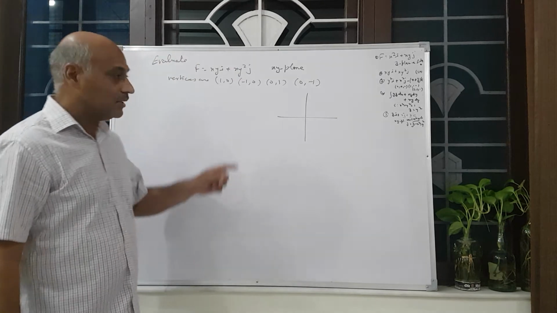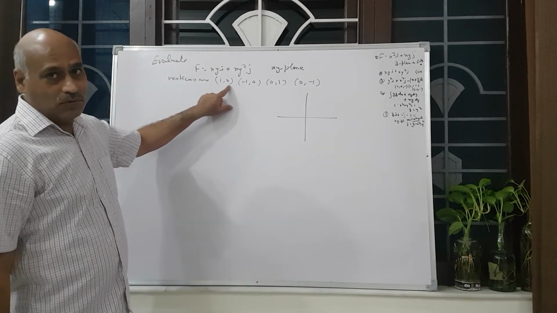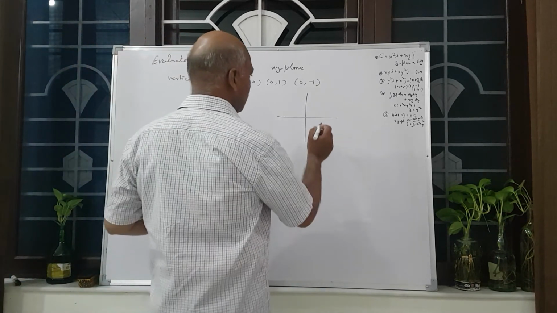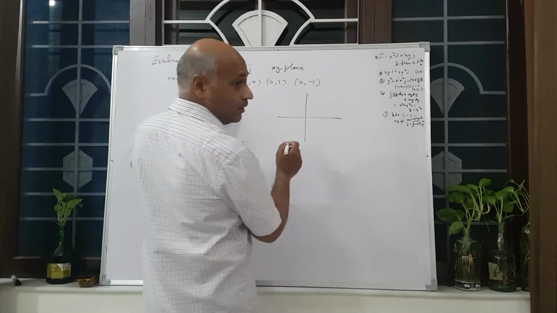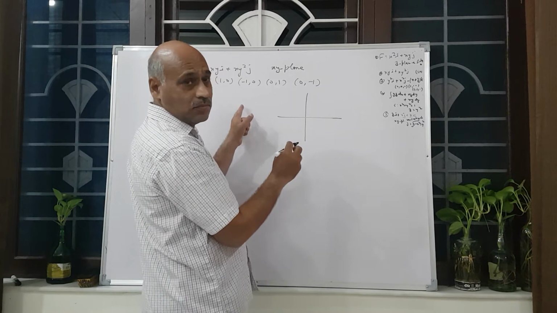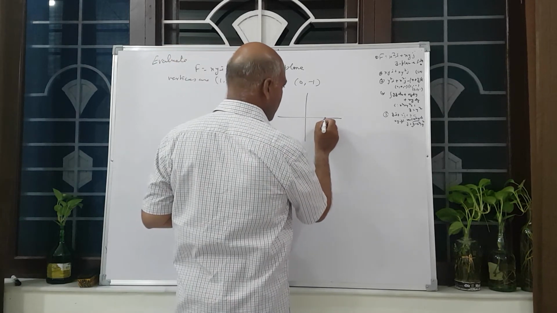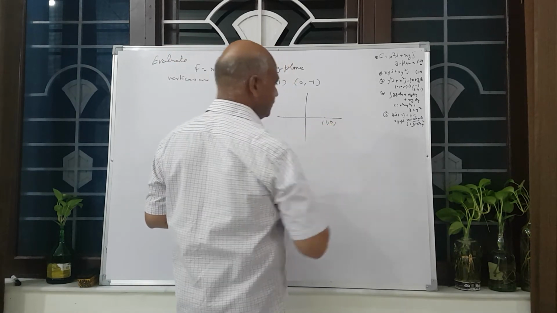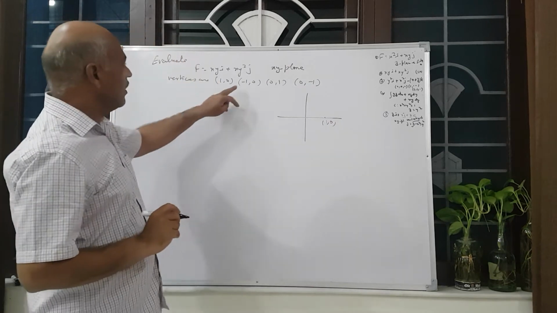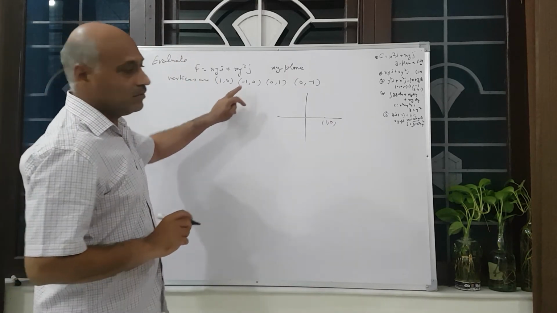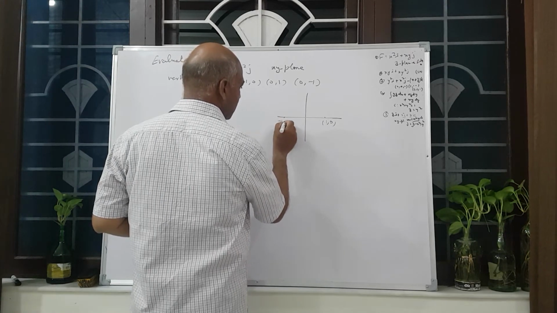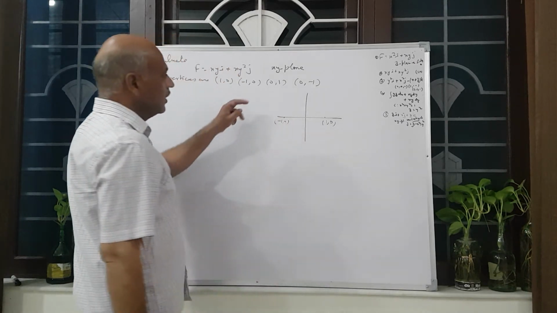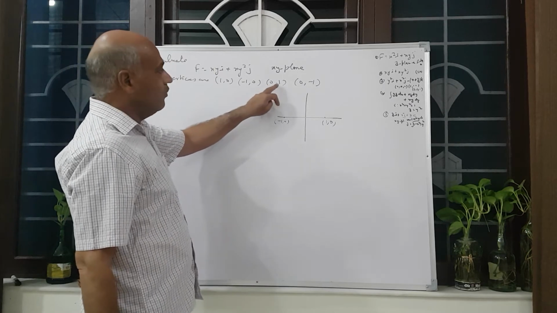now trace 1 0. This is x is 1, y is equal to 0. So this is 1 0, minus 1 0. X is equal to 0, y is equal to 1.